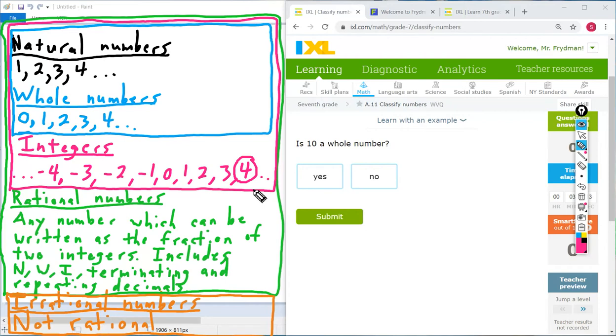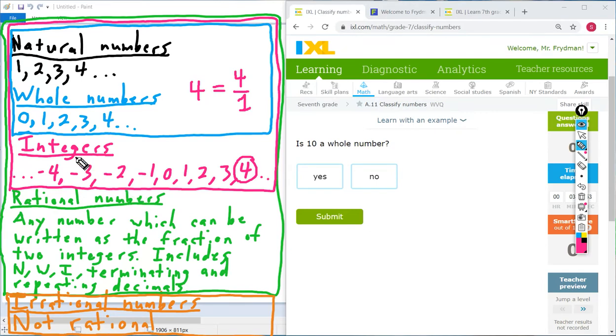Well, to answer that, I would need to know if it can be written as the fraction of 2 integers. Well, 4 can be written, if we really wanted to, as 4/1. So if I wanted to, I could write 4 as the fraction of 2 integers, because 4 is an integer, right? Here it is, and 1 is also an integer. So I can write the number 4 as the fraction of 2 integers, and therefore 4 is a rational number.